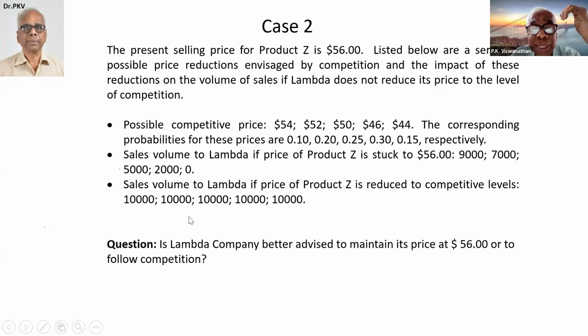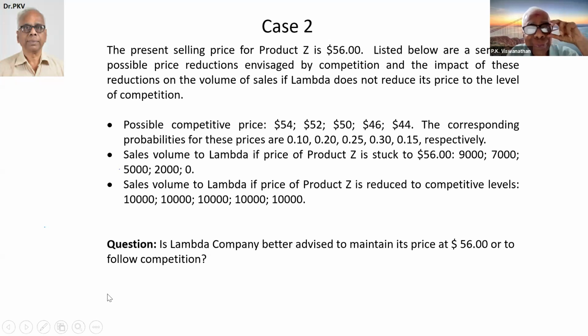In other words, there is something good about the quality of Lambda. That's what it tells you. 10,000, 10,000, 10,000, if you are willing to match the competitive price. Now, the question is, is Lambda company better advised to maintain its price at 56 or follow competition? That is the beautiful question. And it's a beautiful case of transfer pricing. So what will you do? That's the question.